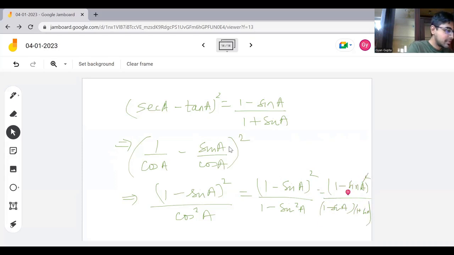And 1 minus sine A will get cancelled with this. I will be left with (1 minus sine A) by (1 plus sine A).